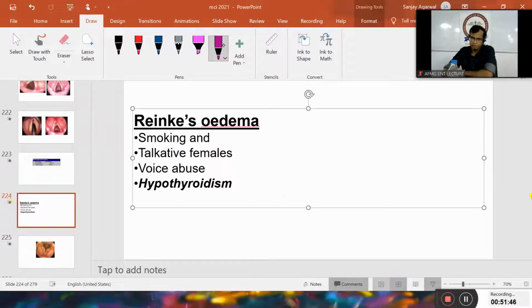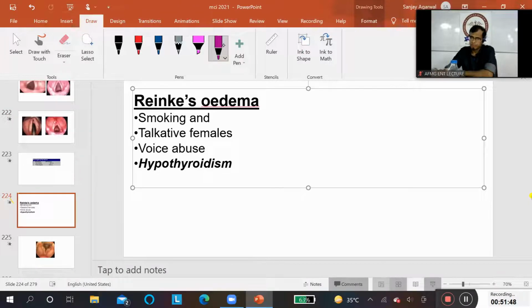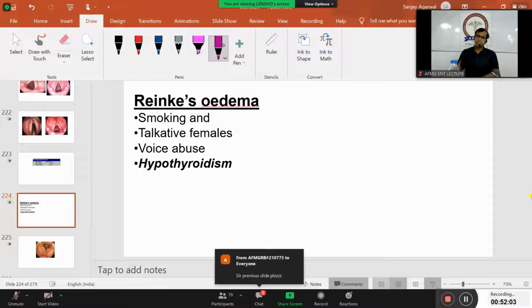Reinke's edema. Edema of Reinke's space. Remember Reinke's space? Where? What is near, below the vocal cord? Below the vocal cord. These are the causes.